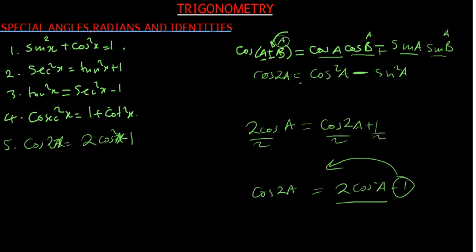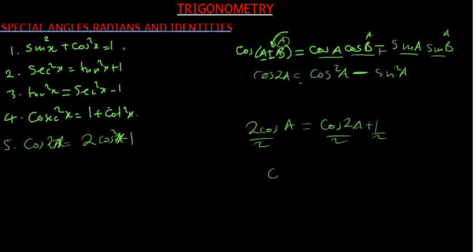That gives me cos squared A being equal to cos 2A plus 1 over 2. This is also over 2. Alright, so that is another identity which you can talk about. Okay, there is a 2 which I have left out here. There was a 2 between.